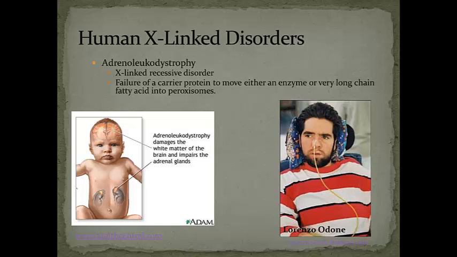Either a protein does not move the enzyme that breaks down fatty acids into the peroxisome, or the enzyme's in the peroxisome, but another enzyme does not get the fatty acids into the peroxisome. What this causes is that fatty acids build up in the cells and don't get broken down, and it causes nervous system damage, and also no adrenal gland function.